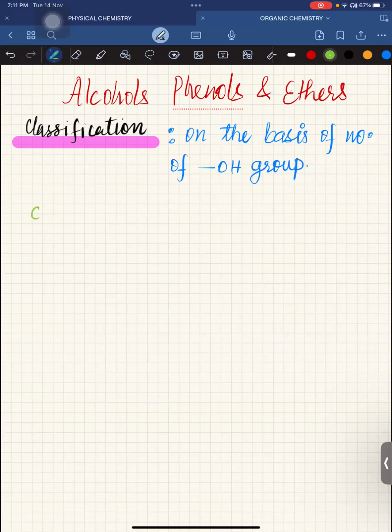If it is only one OH, that is monohydric. If you have two OH, that is dihydric.